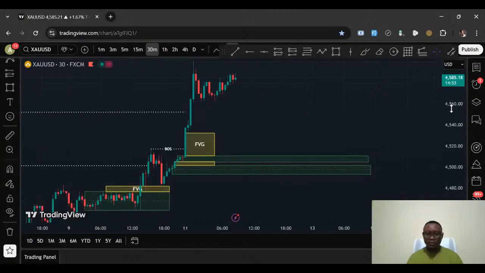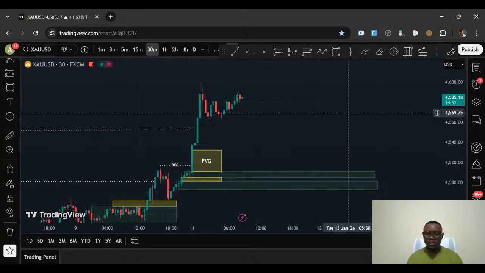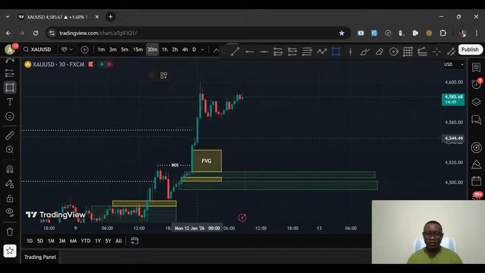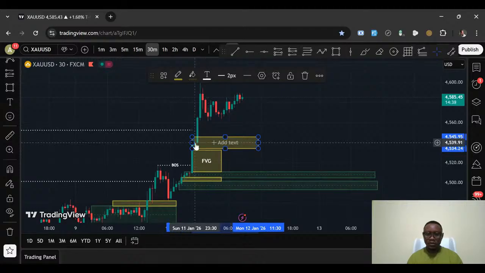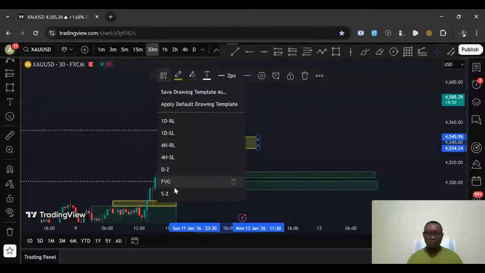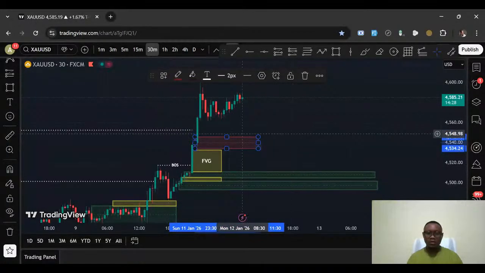And of course, there is a zone here. From the 30-minute perspective, this is a zone, okay? This is another block zone. Sorry.